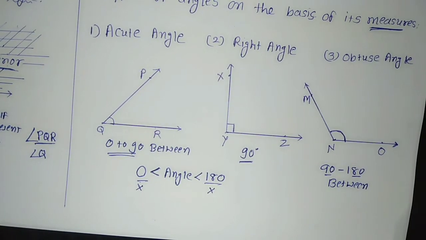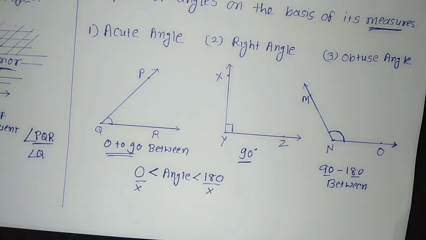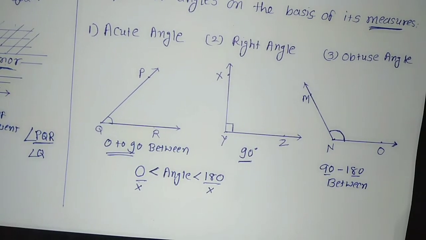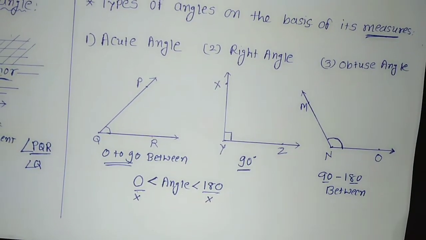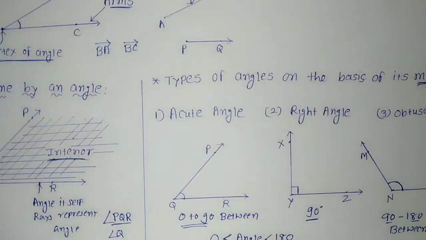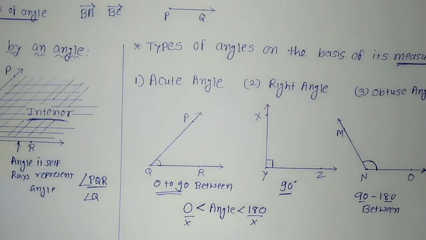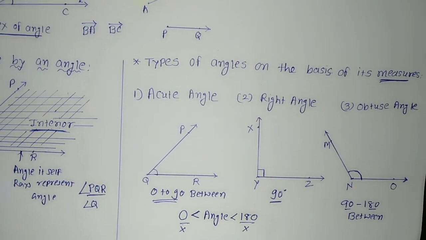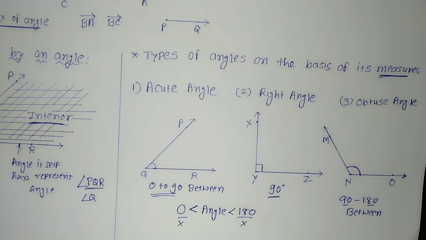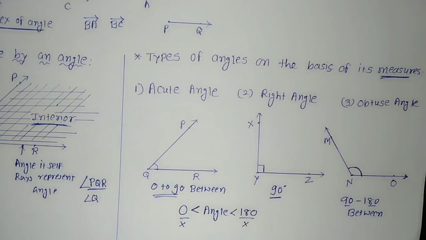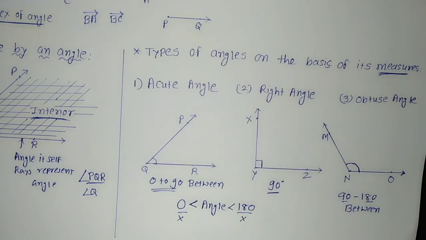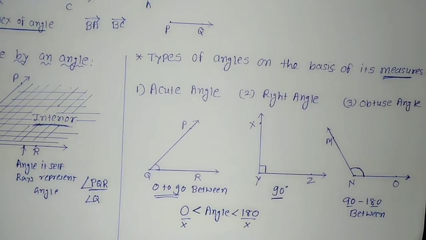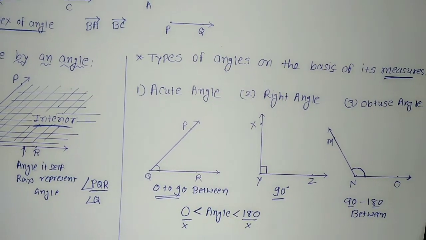So remember, between 0 and 90 is acute, 90 degrees is right angle, and between 90 and 180 is obtuse angle. So these are the basic things about angles.